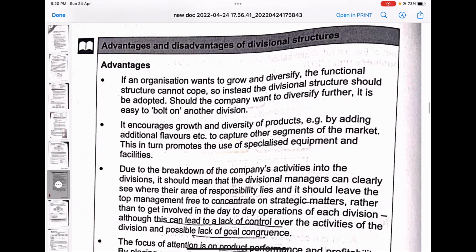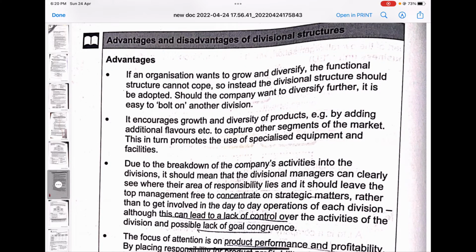So let's go to the advantages and the disadvantages of divisional structure. We've just seen it and discussed this in detail, but still let's just read it out. My objective with these lectures is that you don't have to go back and start reading the chapter all over again after the video.